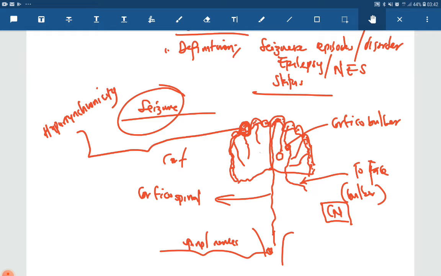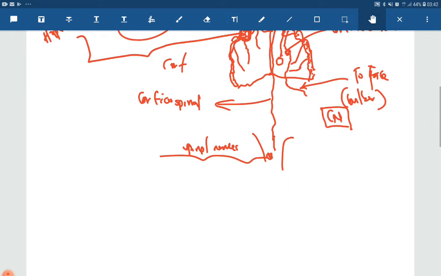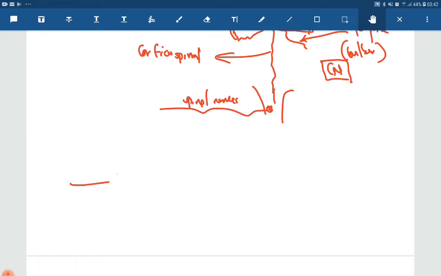Usually in neurology, a nerve triggers another nerve, and that nerve can also trigger another nerve, and so the impulse keeps going.